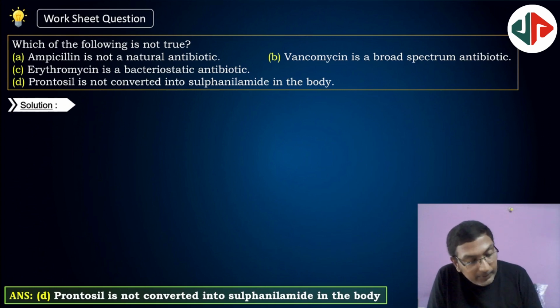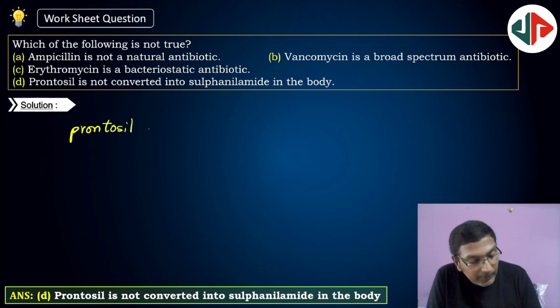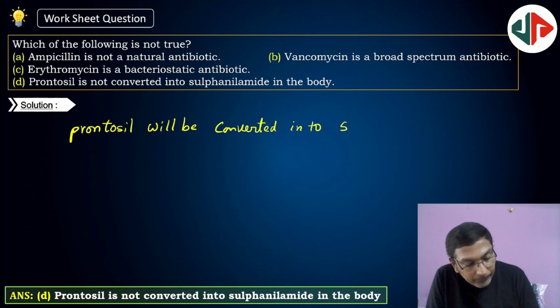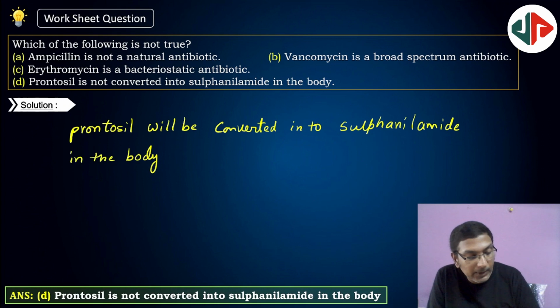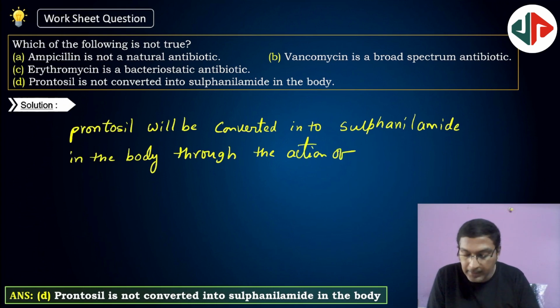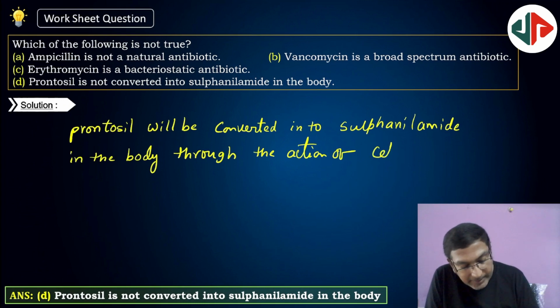That is, prontosil will be converted into sulfonylamide in the body through the action of cellular enzymes.